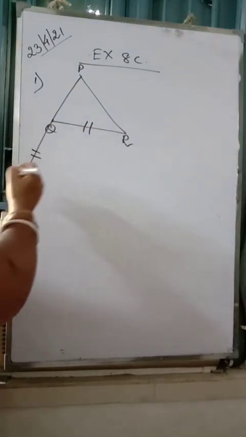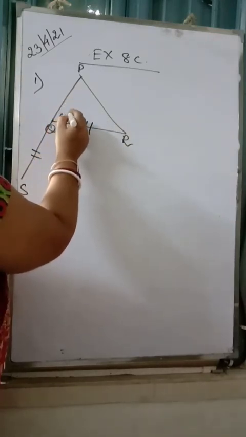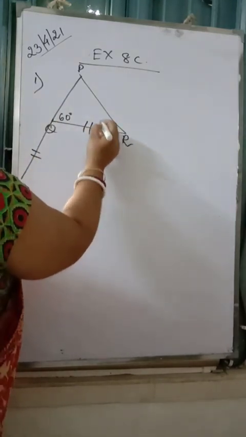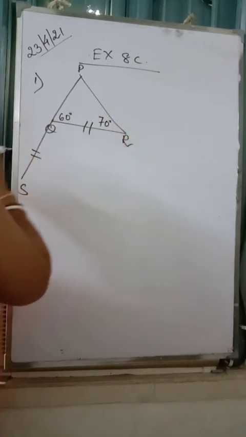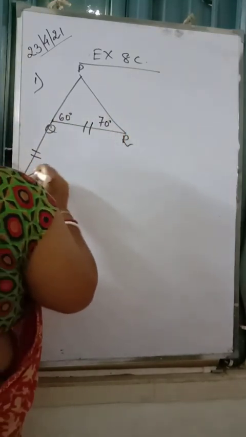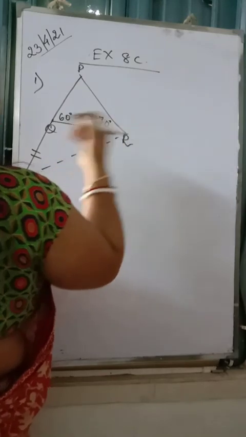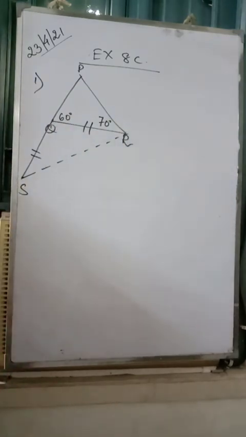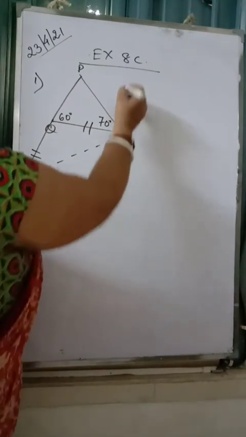Angle PQR is 60 degrees, angle RPQ is 70 degrees. Now to prove that PS is greater than RS and PS is greater than PR.